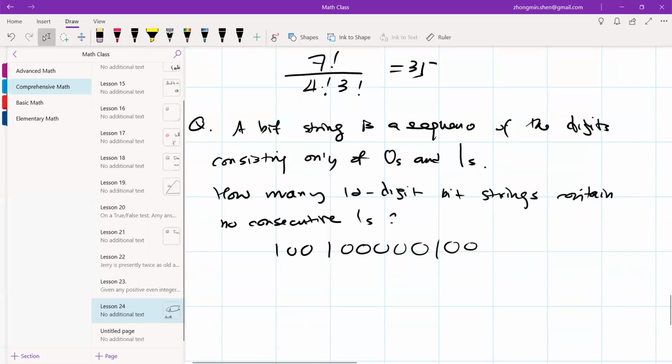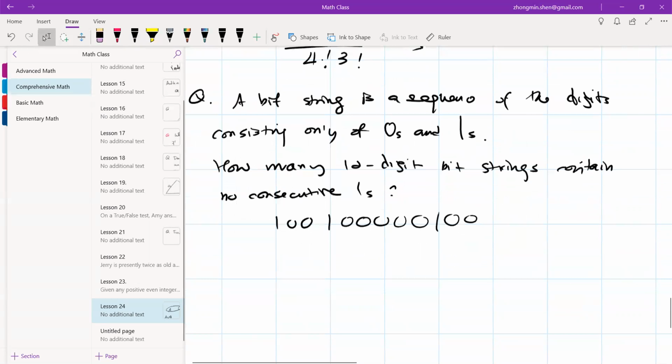I'll just give an example like this, just to make sure there are no two ones next to each other. And this is one of the patterns. Okay, so what you have to do is make sure there will be no two ones next to each other, right?